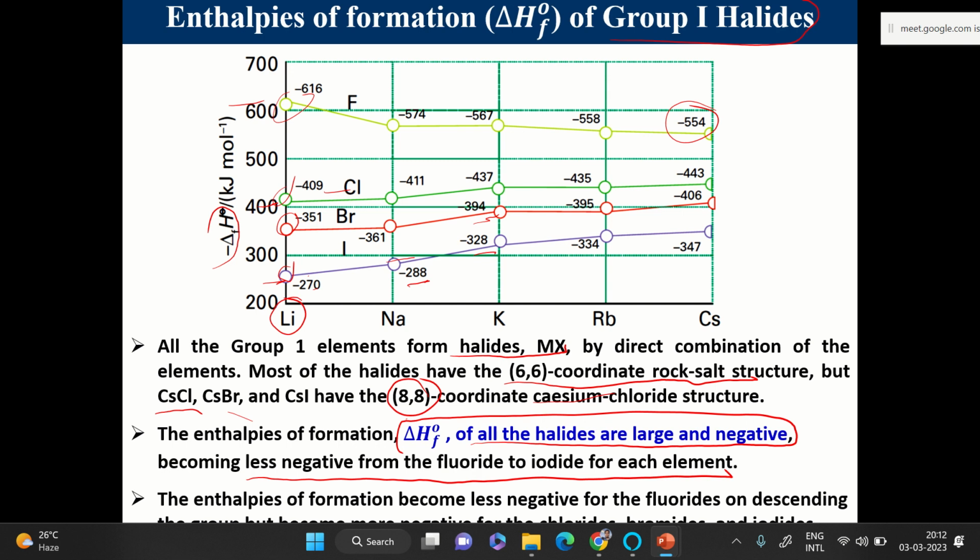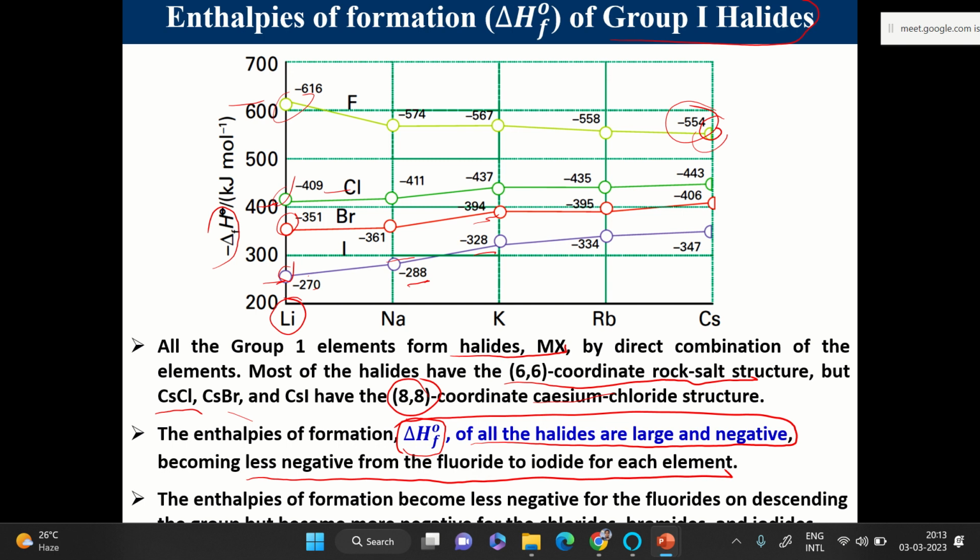So keeping the cation fixed, if you vary the anion, there is a decrease, and the same trend continues for cesium, from cesium fluoride to cesium iodide. There is a gradual decrease in the delta HF, the formation enthalpy.